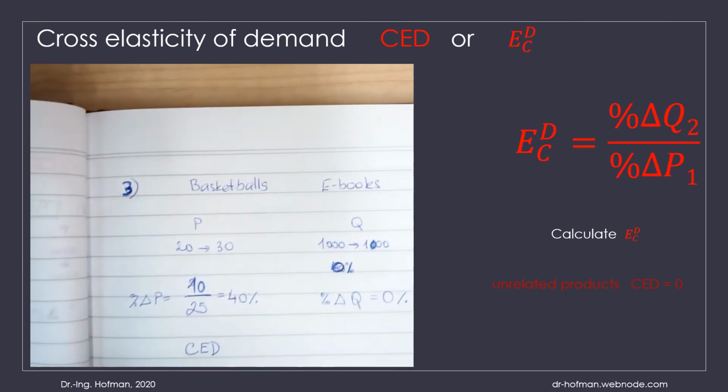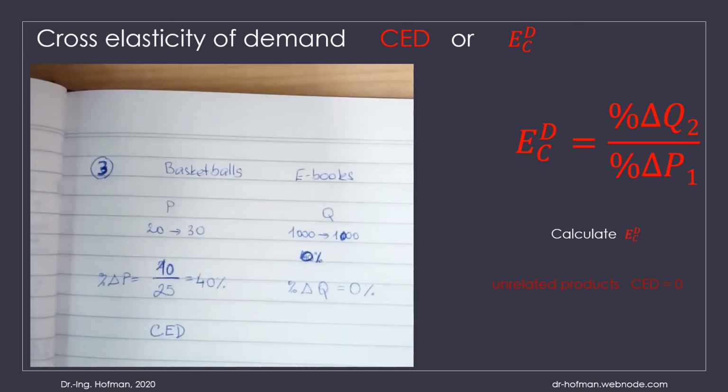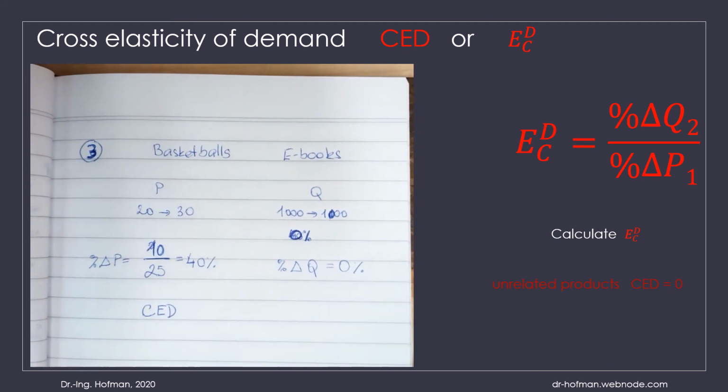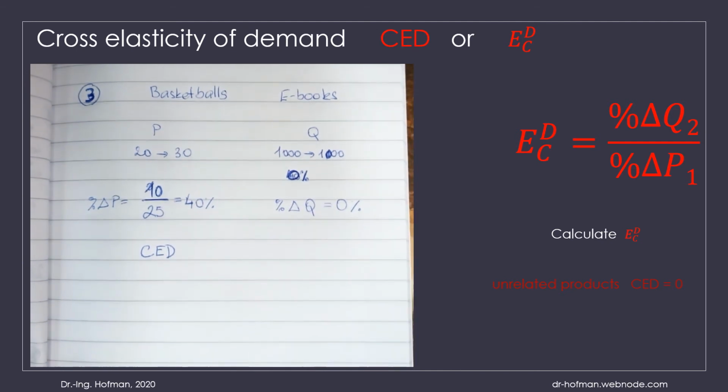And in the third example, we have basketballs and e-books, which are with zero elasticity, no complements, no substitutes. They are just independent goods.